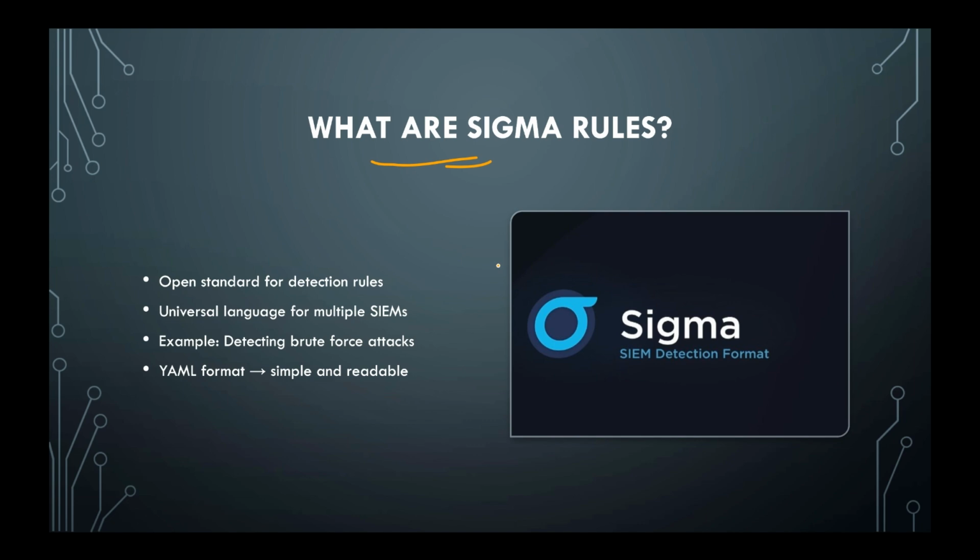With traditional SIEM systems, you might need to write a specific rule tailored to that system's own syntax. But Sigma rules allow you to write it once and then convert it into any SIEM format. So Sigma is an open standard for detection rules. It's a universal language for multiple SIEMs, and it supports the YAML format.